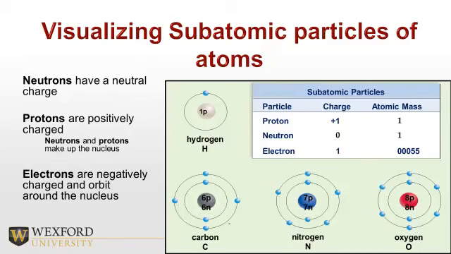Now, a couple things here. Here we are looking at the atoms, okay? But they're never found this way. They're never found with just, in this case, one electron in its outer shell for hydrogen, or 4 for carbon, or 5 for nitrogen, or 6 for oxygen. What's going to want to happen is that each one of these is going to want to fill its outer shell.